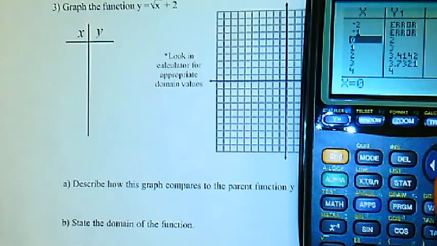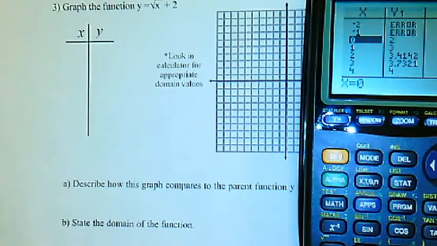Okay, so now this is square root, so not all of your numbers are going to be whole numbers. So the other thing you need to think of is what numbers are going to help me most by plotting on my graph. So this says to graph, not to sketch, so it needs to be precise.